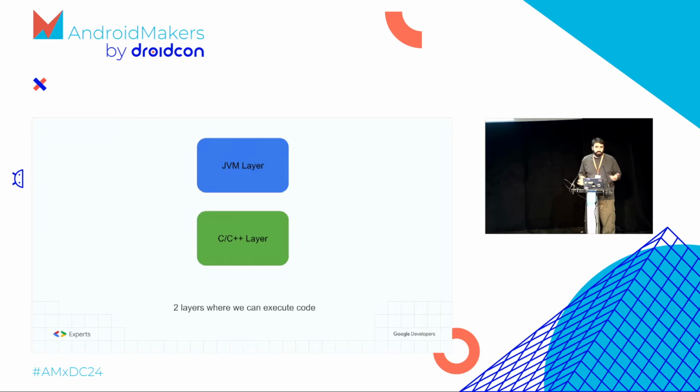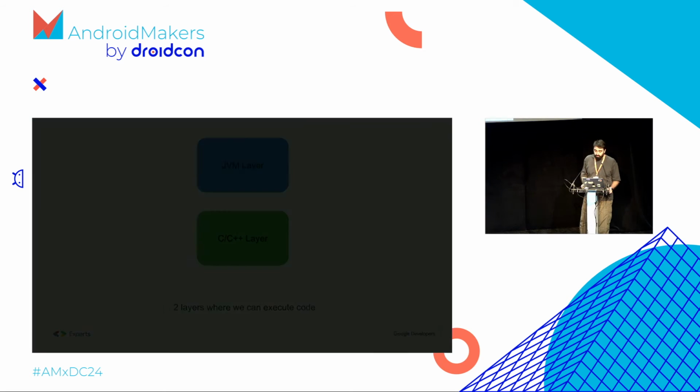Probably you have used this for various reasons, but many applications use it for image processing, graphics stuff, and so on. So it's not very common, but there are many use cases. We will need this, and I will have another slide to remind you of this architecture, but basically, two layers where we can execute the code.